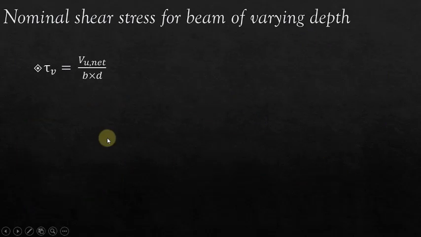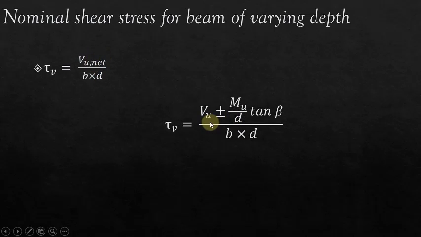Well, the design shear stress tau V or nominal shear stress tau V for beams of varying depth will be Vu net divided by bD. If we substitute the Vu net value, we get this expression. This equation you can also find in clause number 40.1.1, page number 72 of IS 456-2000.